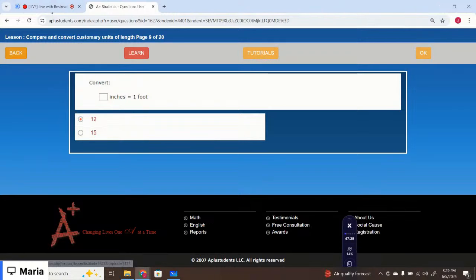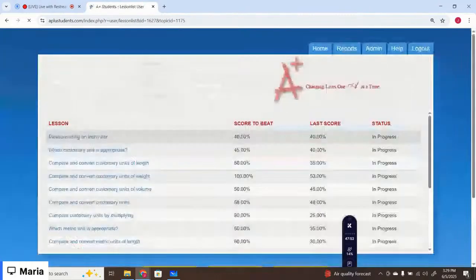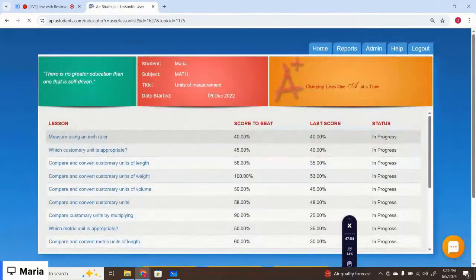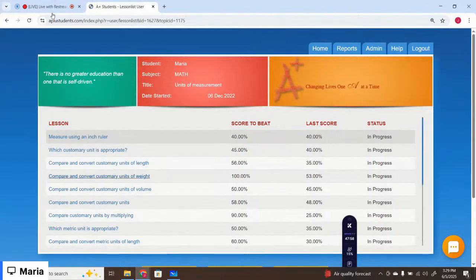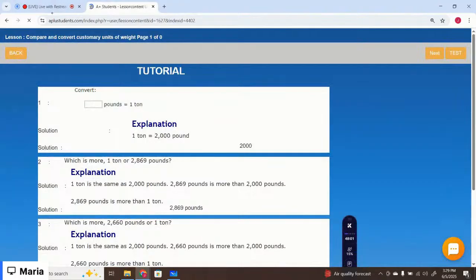Okay, you can complete the lesson by yourself later today. It will just provide the next lesson. The next lesson is compare and convert customary units of weight.